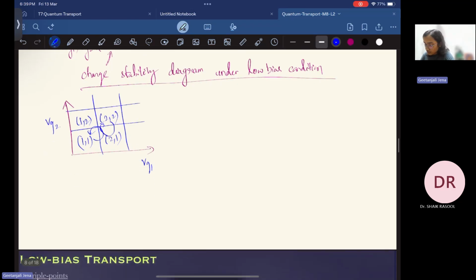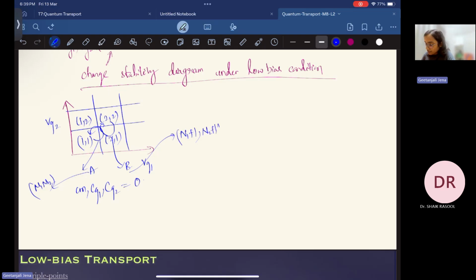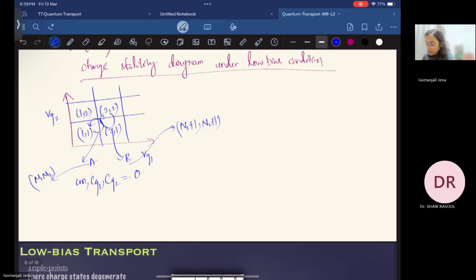This is for the case where Cm, Cg1, Cg2 are all 0. If you label this process as A and this process as B, A means we have started with N1, N2, and B means we have started with N1 plus 1 and N2 plus 1. For this case, the A and B processes are degenerate. They occur at the same point. Okay.